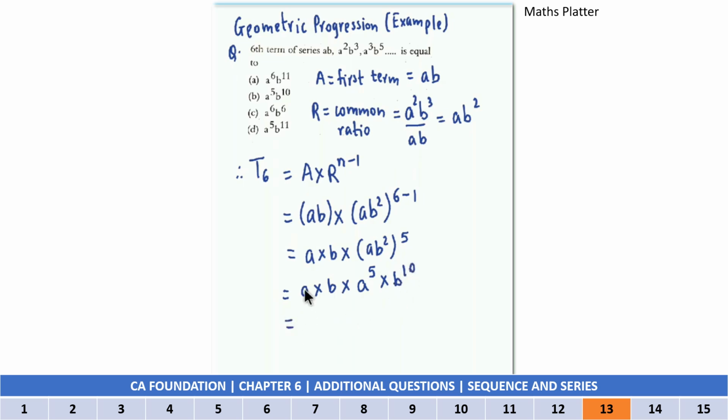We just group the terms. A into A raised to 5 becomes A raised to 6, and B into B raised to 10 becomes B raised to 11. So the answer, if we look at here, is option A. So this is how you solve the given question.